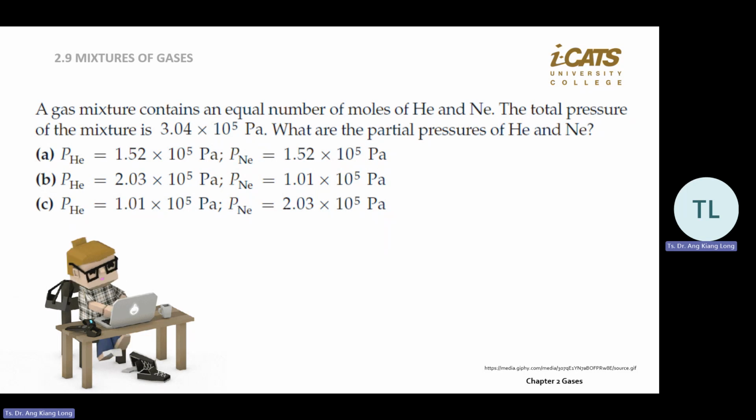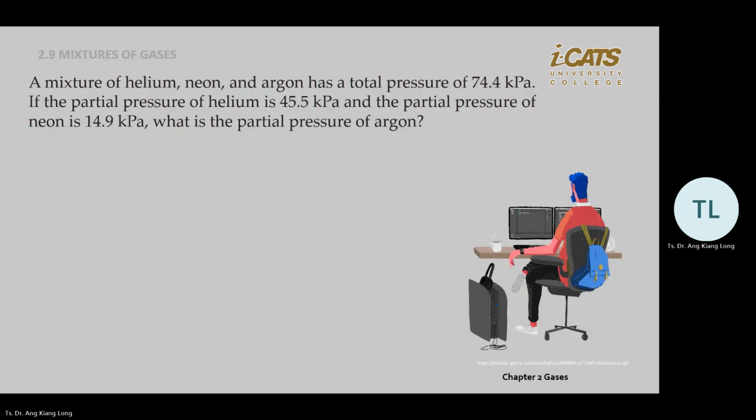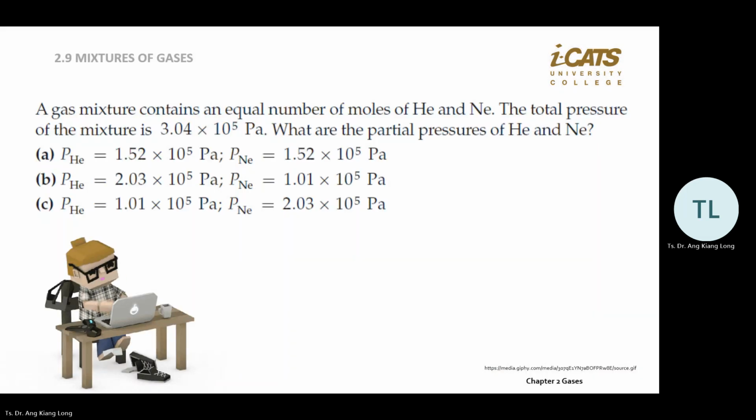Total pressure of the mixture is that. So you need to find. If the n is equal, then it should be half.